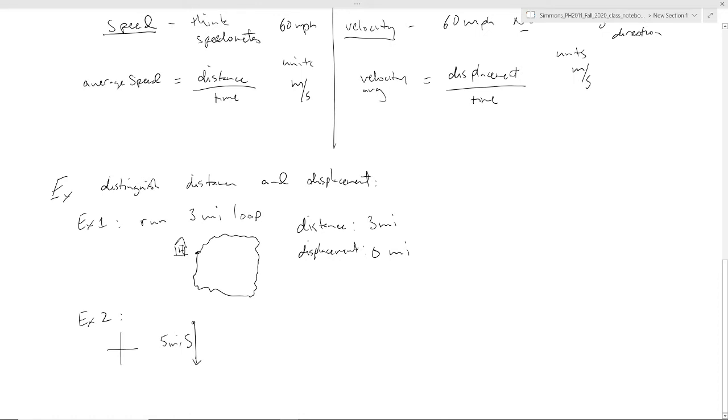So we'll be thinking about cardinal directions for this example, and then you go 5 miles east. Okay. Now, in this case, what's the distance? And just to clarify, we're going to stop there. So the distance in this case would just be 5 miles plus 5 miles.